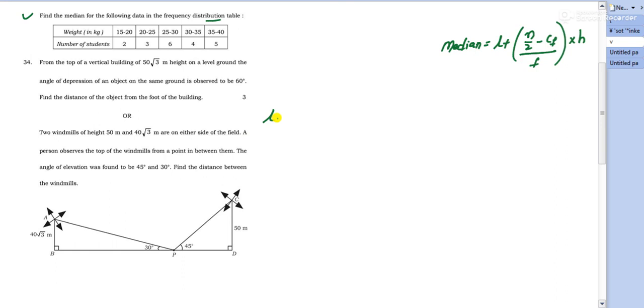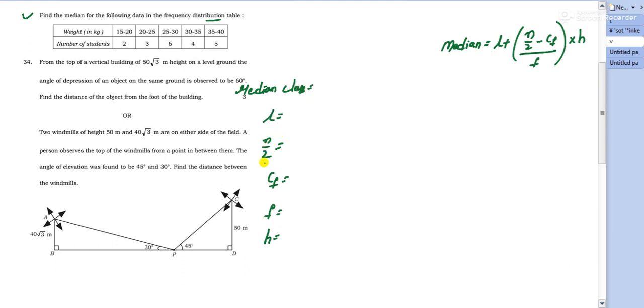Again you have L, then n by 2, then you have cf, then f, and then h. Like the one which is solved previously, there we found modal class. Here you have to find median class.